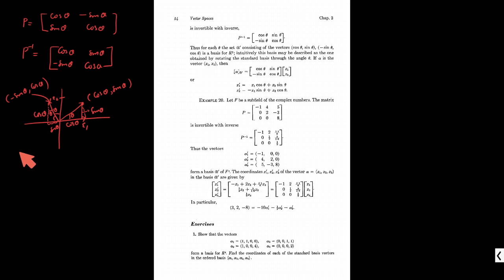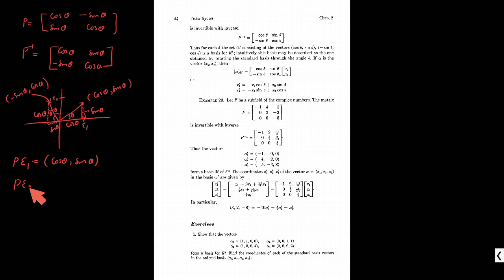So when you consider this P and the standard basis and evaluate P times epsilon 1, that is P multiplied with (1, 0), that will give cos theta and sin theta. So that is the vector (cos theta, sin theta).